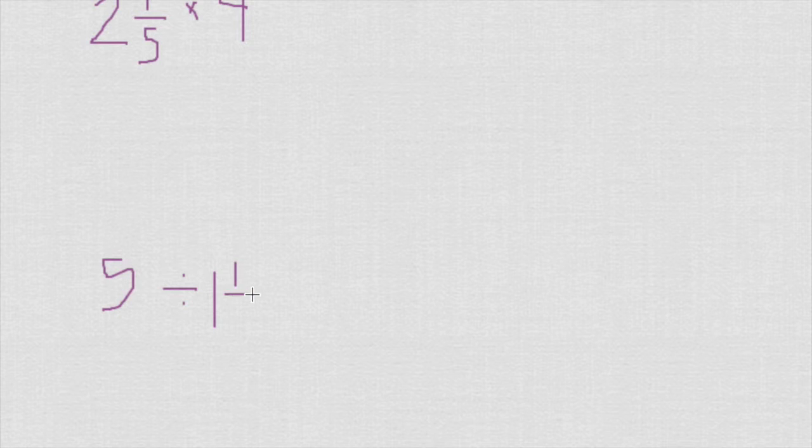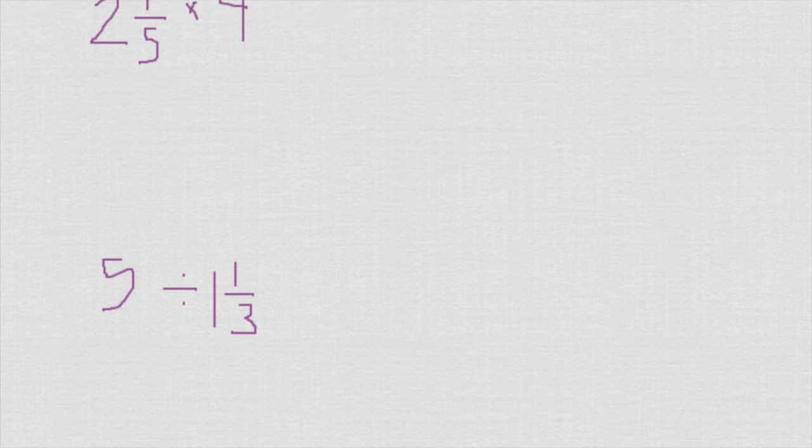So let's go ahead and look at 2 and 1/5 times 4. And then we can look at a division problem as well. We'll look at 5 divided by 1 and 1/3. So if we're multiplying and dividing, we don't need to find a common denominator, but we do need to be able to multiply straight across.